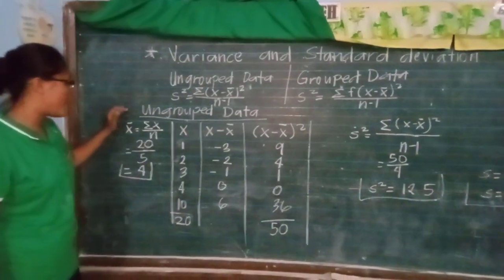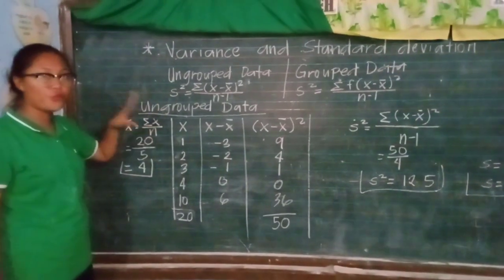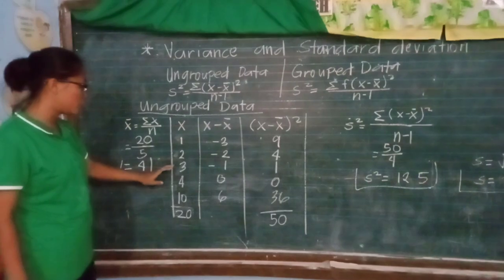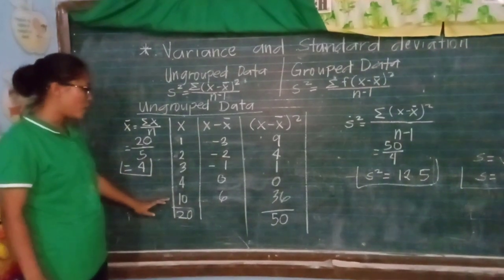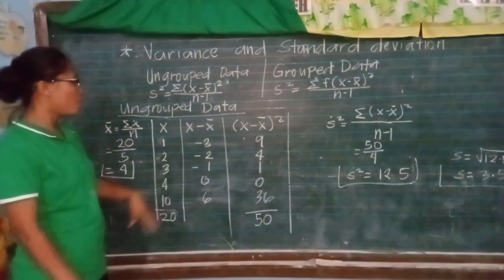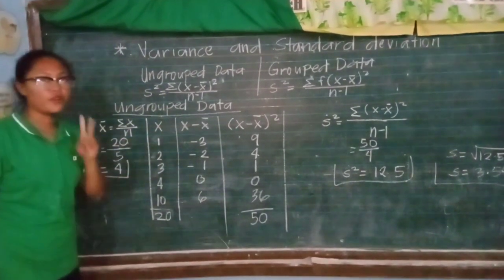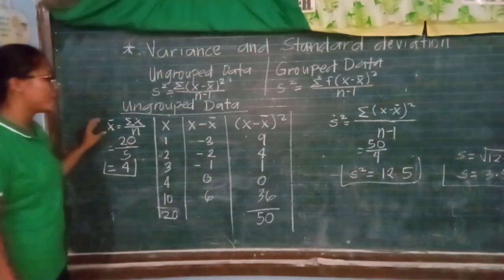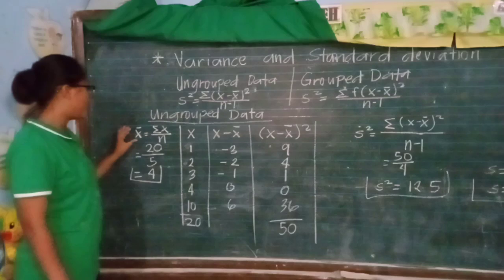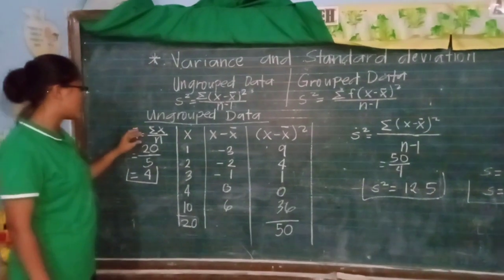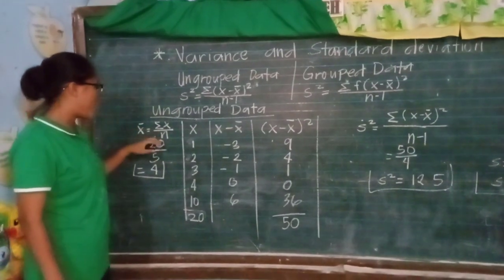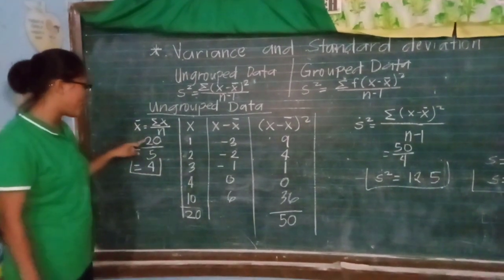And we have our example for our grouped data. We have our given numbers in our first column, and that is the x: 1, 2, 3, 4, 10, over the total number is 20. For our next column, but before that, we will find our mean, and we will use this formula. The mean value of x is equal to the summation of x over n, and that is 20 over 5.